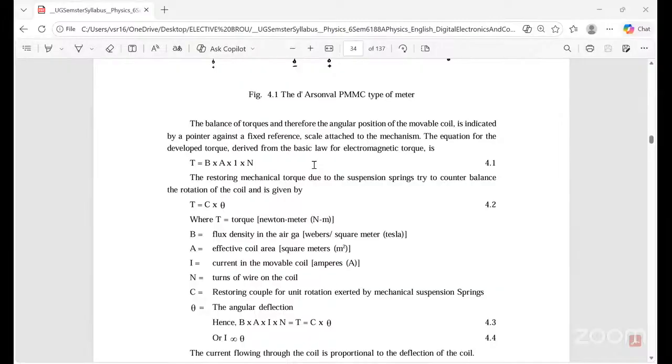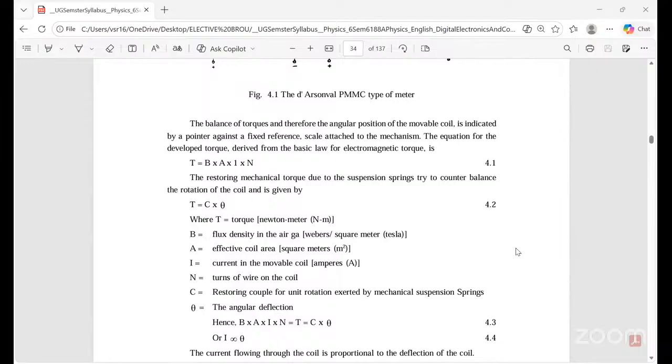Here tau is the torque, B the magnetic flux density, A the area of the coil, I the current in the movable coil, capital N the number of turns on the coil, capital C the restoring couple per unit rotation exerted by the mechanical suspension, and theta the angular deflection.